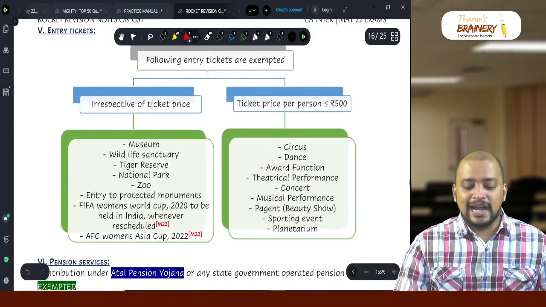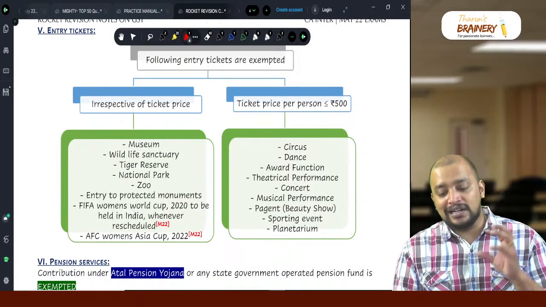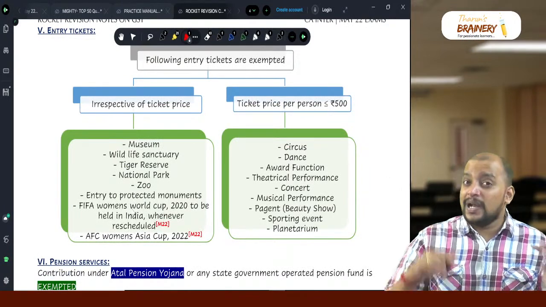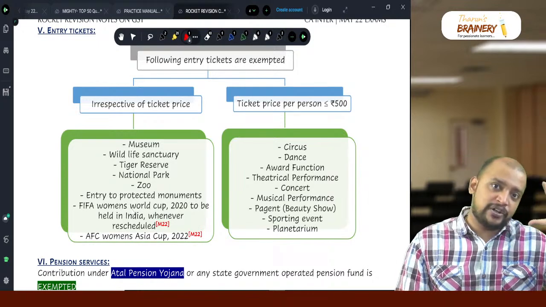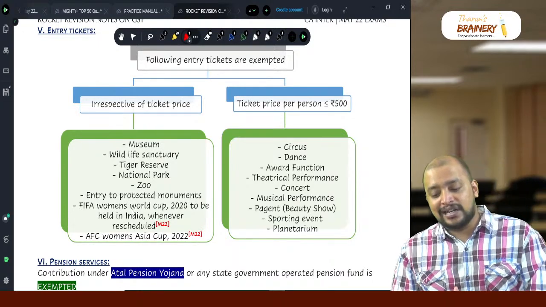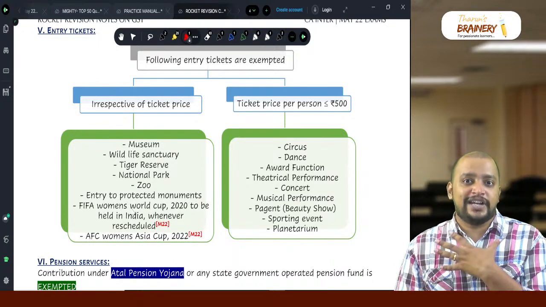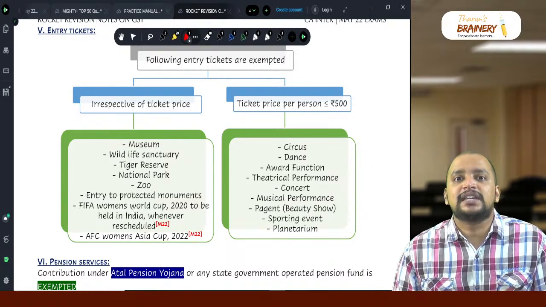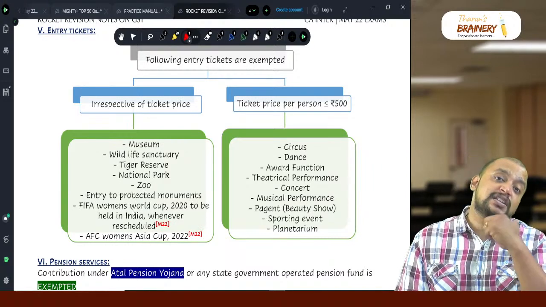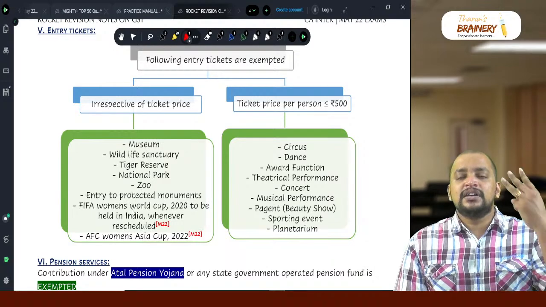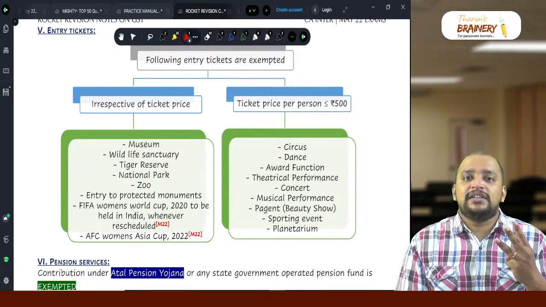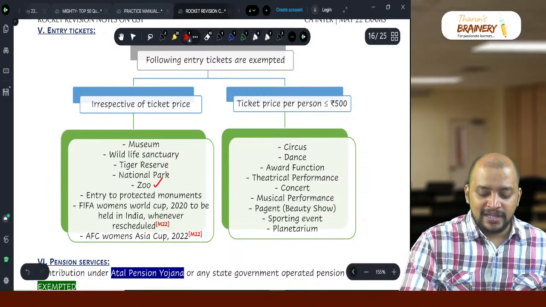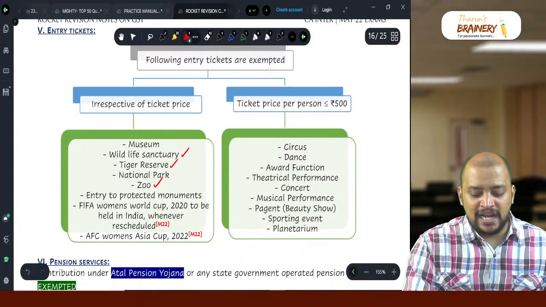The next, entry tickets. There are few entry tickets which are exempted. Few entry tickets are exempted irrespective of the ticket price, and few entry tickets are exempted when the ticket price does not exceed 500. First we are discussing entry tickets which are exempted irrespective of the ticket price. Remember 3 entry tickets related to animals. Number 1, zoo, then tiger reserve, wildlife sanctuary.